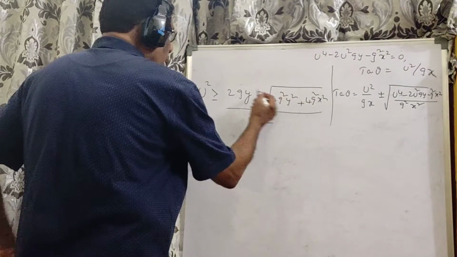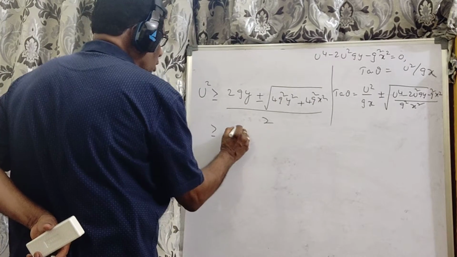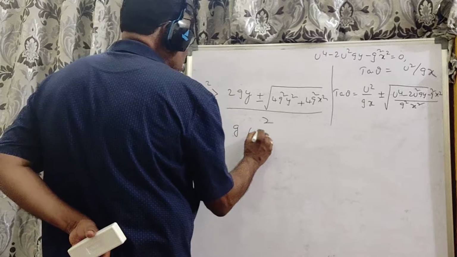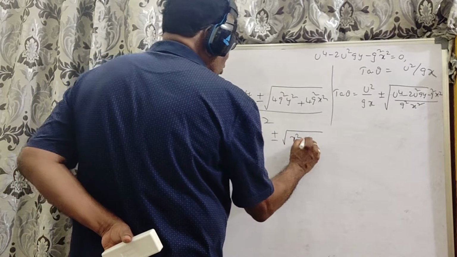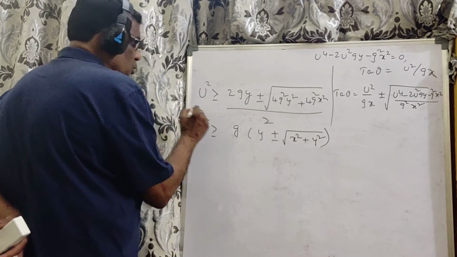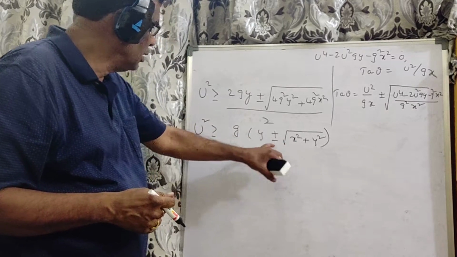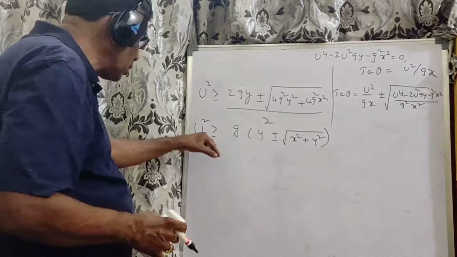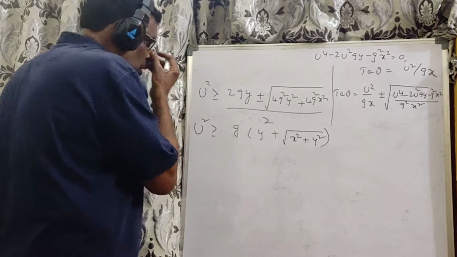Now 4 as before is common, so g is also common, 2 gets cancelled. Y plus or minus this should be u square. Since this is always more than y, the negative sign is not valid because this is a square term. So you will have only the positive sign there.